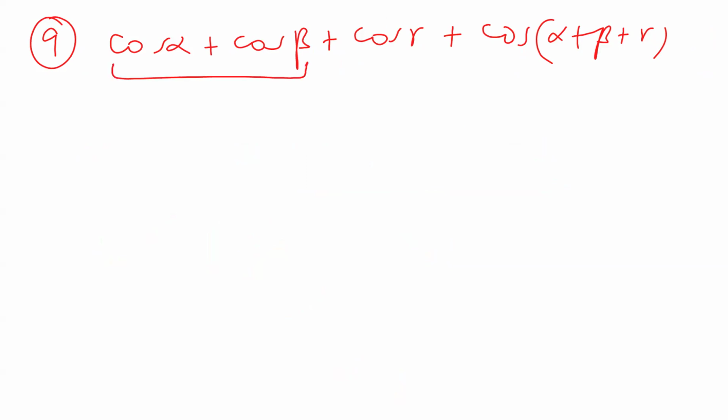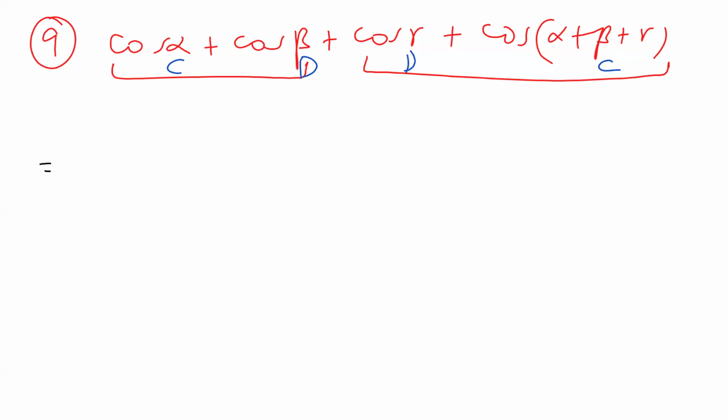I'll group these two terms and these two terms, because if you subtract these two terms, gamma will go. You'll be left with alpha plus beta. So 2 times factorization formula. This is C and this is D, and this is C and this is D.